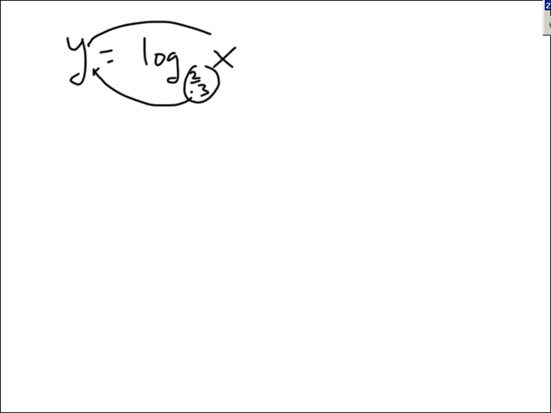Suppose you were asked to graph y equals log base 2/3 of x. Well, I'm not good at graphing logarithmic functions, for real. I convert them to exponential. This is saying 2/3 to the y is equal to x.